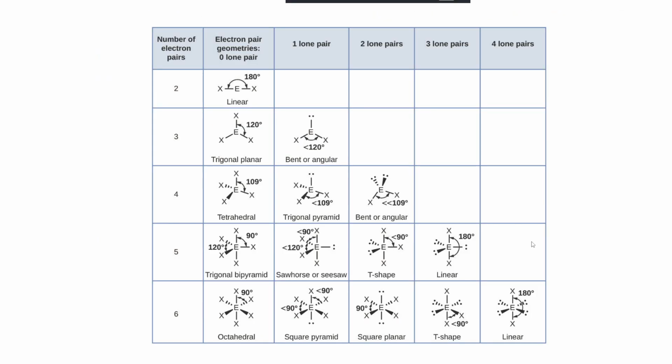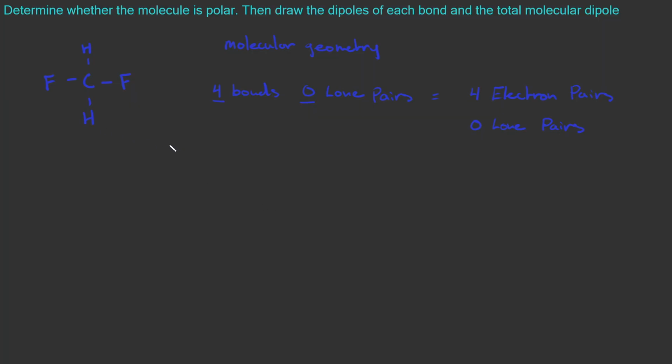And so in this case, if you look at the chart real fast, we go to the 4 electron pairs, and then we go over to 0 lone pairs, and our molecule will actually look like a tetrahedral shape. And so instead of it looking like this right here, it would look like a tetrahedral. And I'm going to make this look a little bit better so that we could actually see where our dipoles are.